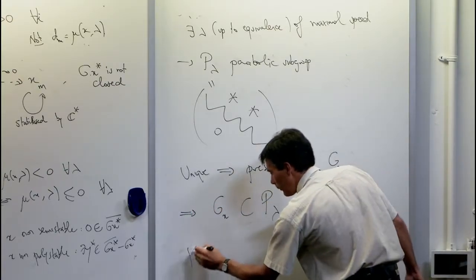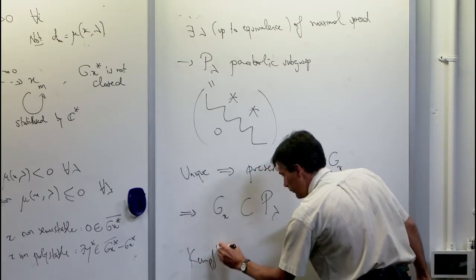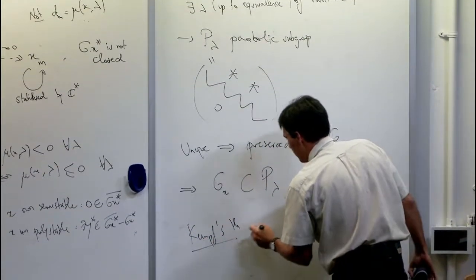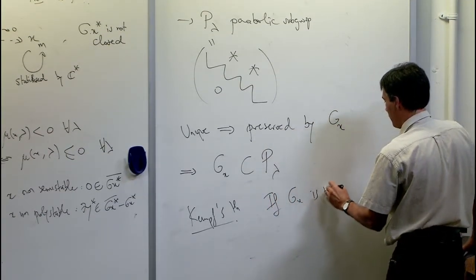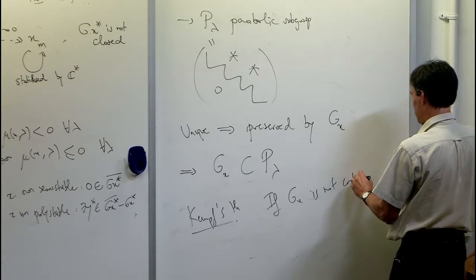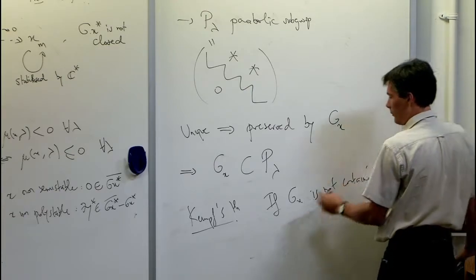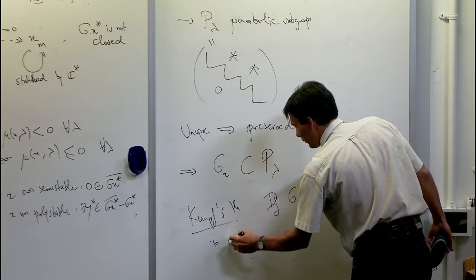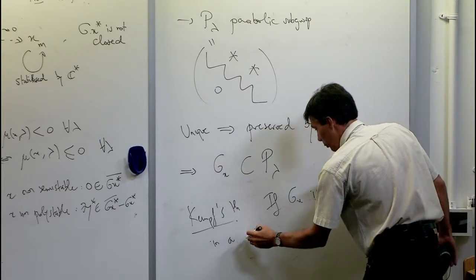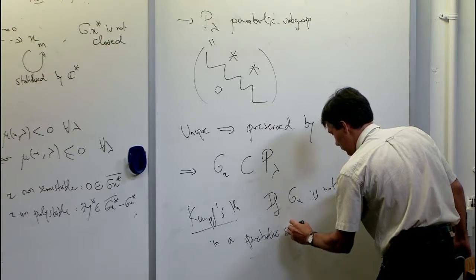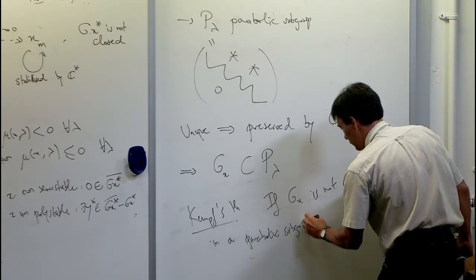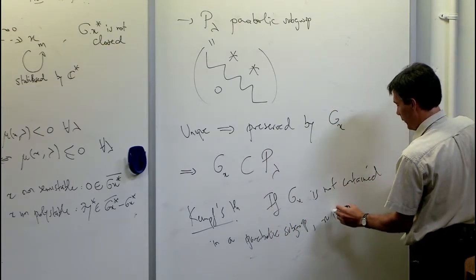So this gives you Kempf's theorem. If G_x is not contained in a parabolic subgroup, then x is polystable.